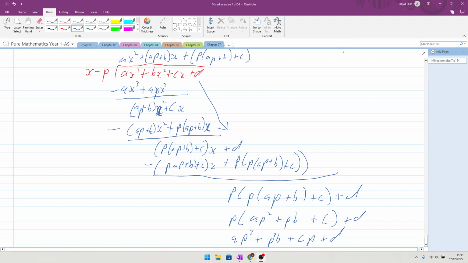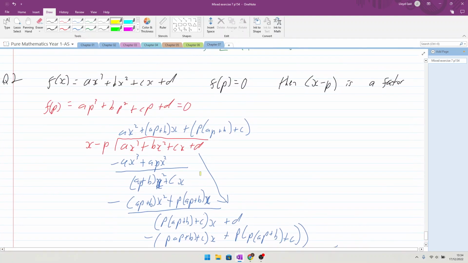So here's the trick to it all. You can now hopefully see that the remainder given is ap cubed plus bp squared plus cp plus d. And we were told that f of p equals 0, and f of p is the same as ap cubed plus bp squared plus cp plus d.